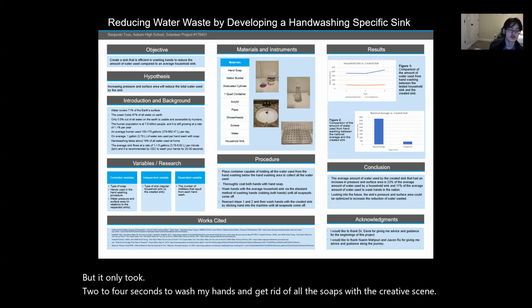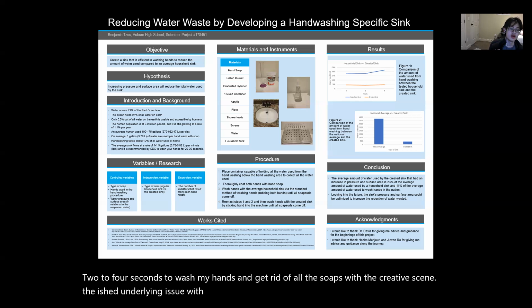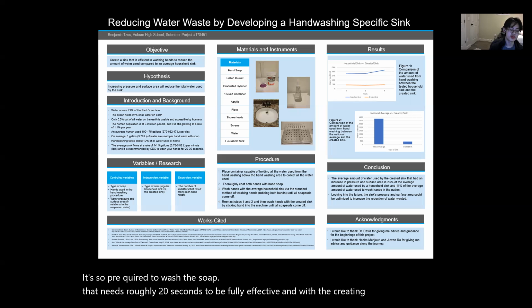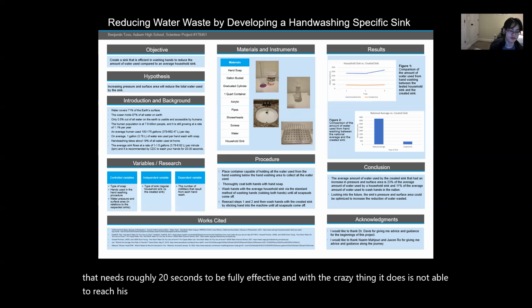The underlying issue with this is that the soap needs roughly 20 seconds to be fully effective, and with the created sink, it is not able to reach its full effectiveness.